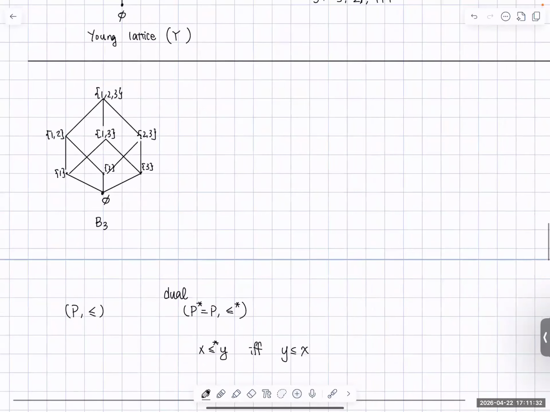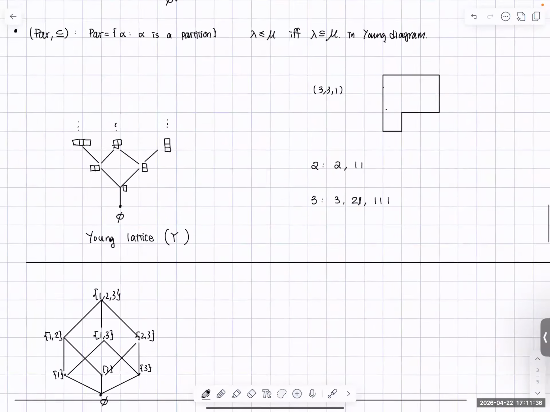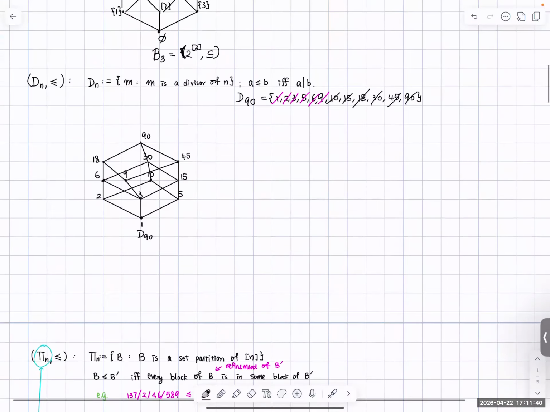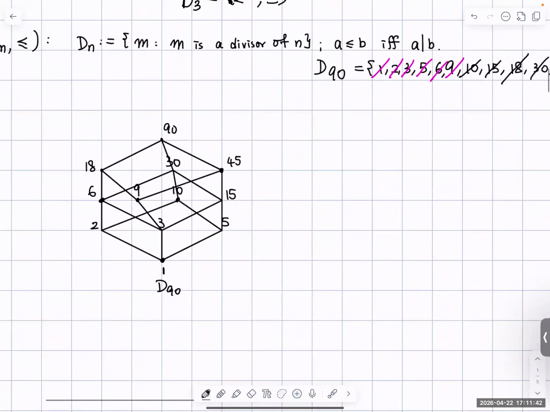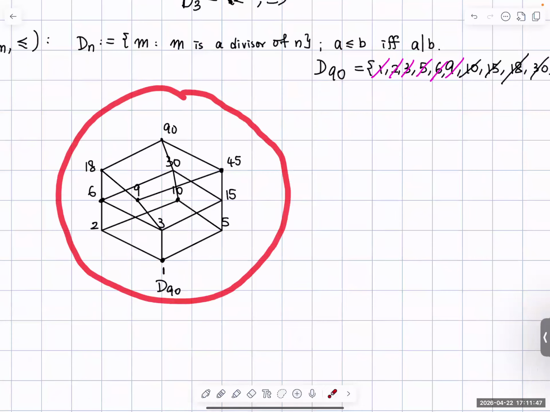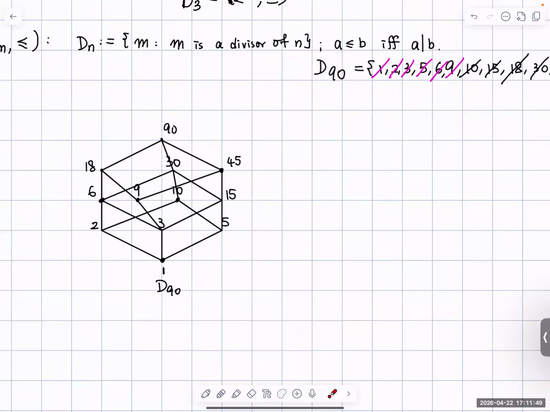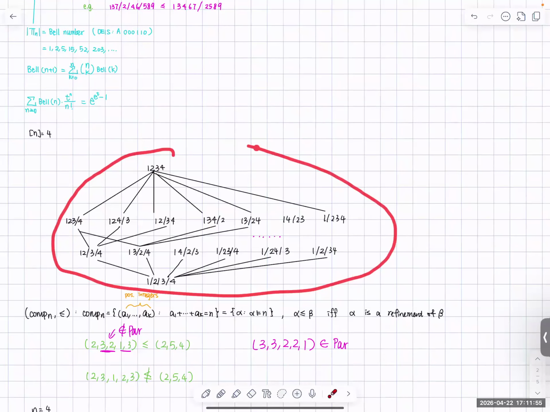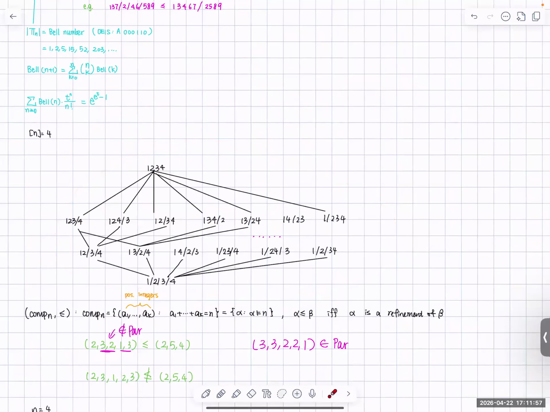In general, if you flip the whole thing, they are not always equal. You can have something like this, and when you flip it, it does not look equal.